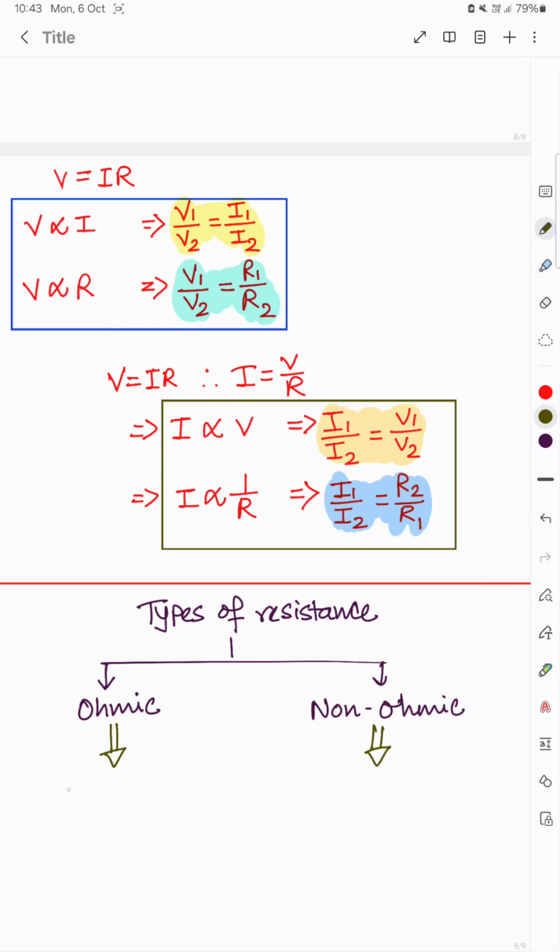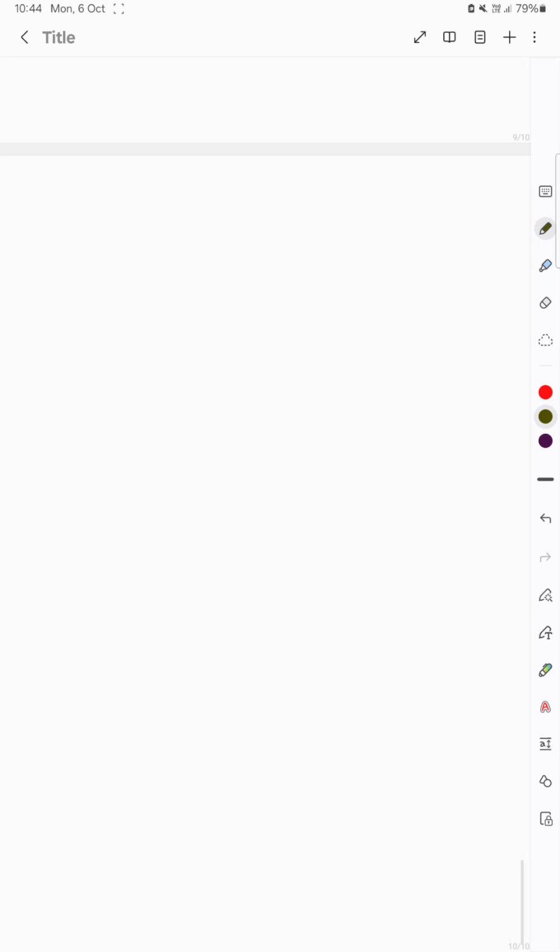Okay, so ohmic resistance follows V equal to IR. Non-ohmic does not follow it. Okay, now there is a difference when we will be drawing the IV graph for the ohmic conductor and the non-ohmic conductor.